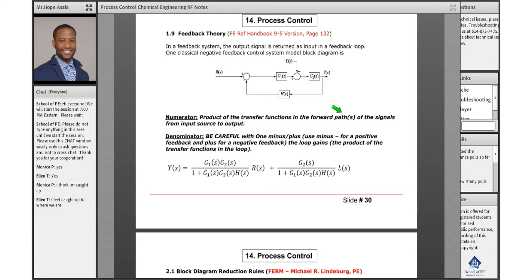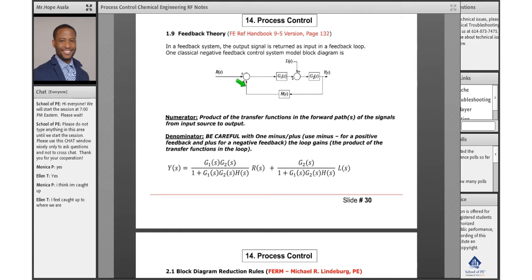Okay, so it describes that the numerator will be the product of the transfer functions. The product of the transfer functions in the forward path of the signals is your numerator, usually given by this term. Then the denominator is affected by whether you have a minus sign or a plus sign here.